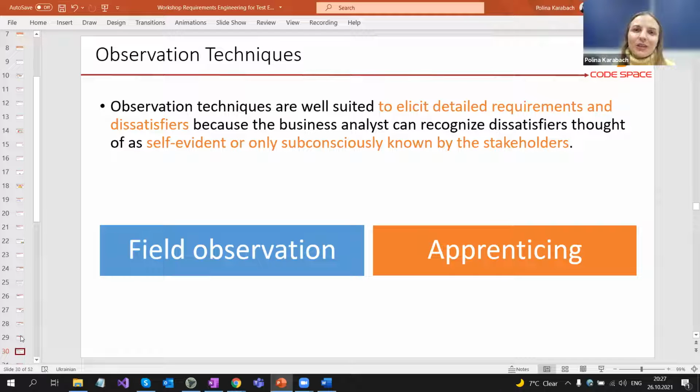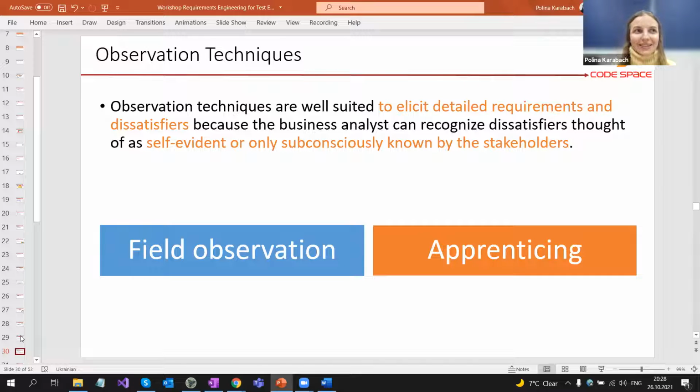So field observation is a very nice way to elicit these covered requirements. And apprenticing is a small modification of field observation, where we are also at the location of our user, and we're also collaborating with him or her. But in this case, the user is teaching us his process, and we are in the role of students.